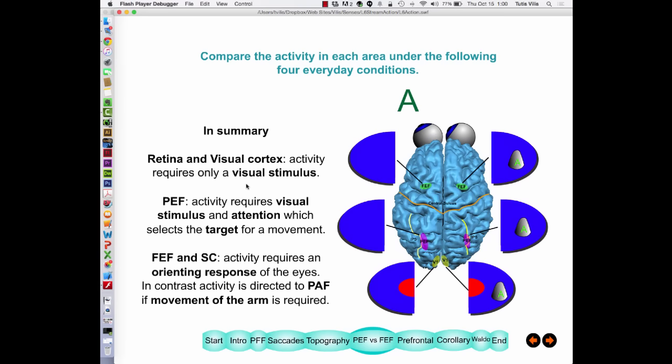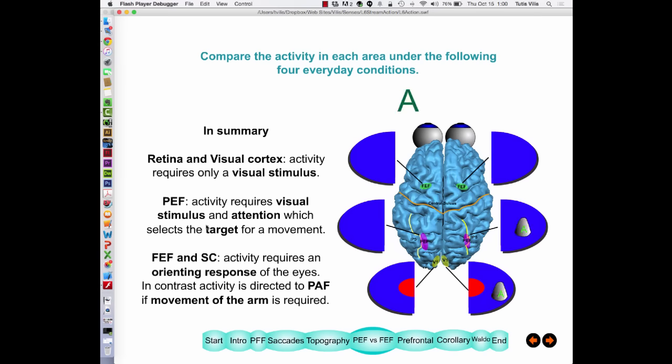So in summary then, the retina and the visual cortex is activated whenever there's only a visual stimulus, no action required. The parietal eye field fires when there's visual stimulus and attention, and attention, in fact, that it's being selected as a target for movement.